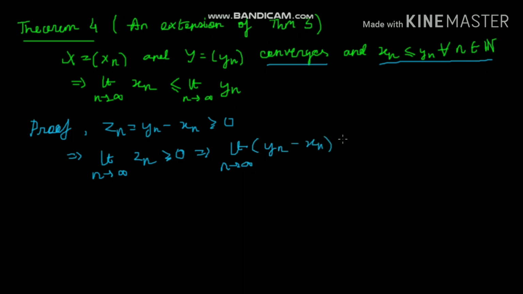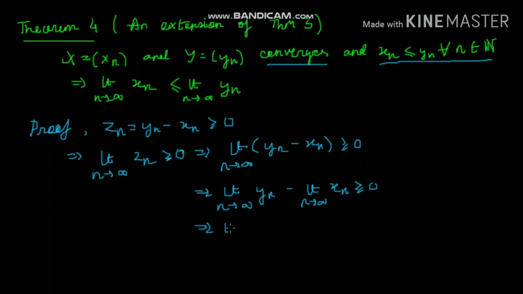Now we know that we can break the limit in the addition and subtraction case. So we break the limit and we get that limit as n tends to infinity of y of n minus limit as n tends to infinity of x of n is greater than or equal to 0. I think now you can clearly see the coming result.